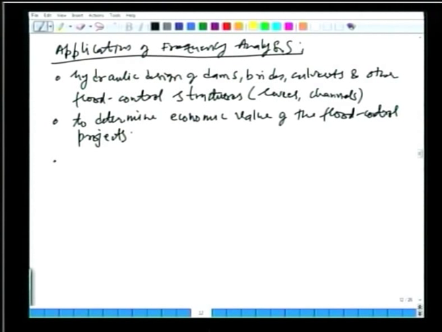Moving on, the third advantage or application of this frequency analysis is in floodplain management. What do we understand by floodplain management?